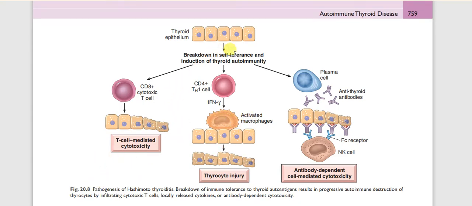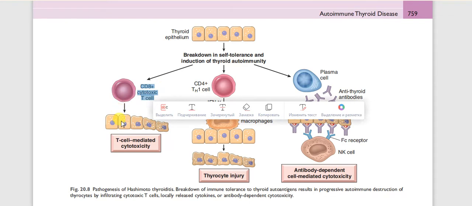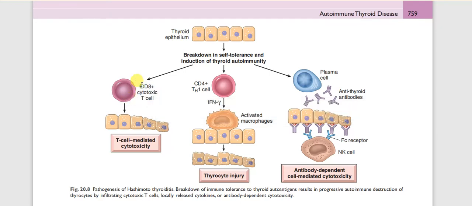Hashimoto thyroiditis is caused by three main mechanisms. We have CD8 positive cytotoxic T cells, which cause direct injury. CD8 positive T cells directly cause cytotoxicity of the thyroid gland. So somehow, for an unknown reason, the thyroid epithelium became an enemy for these immune cells, and they start killing.